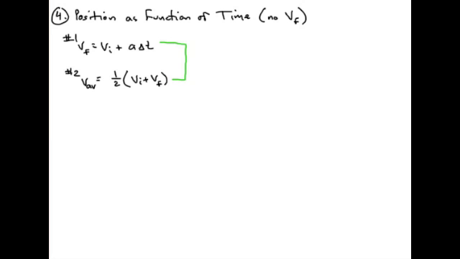So average velocity, V average, you'll also remember is a change in position, or change in displacement, over the change in time. So we'll put this in for average velocity.